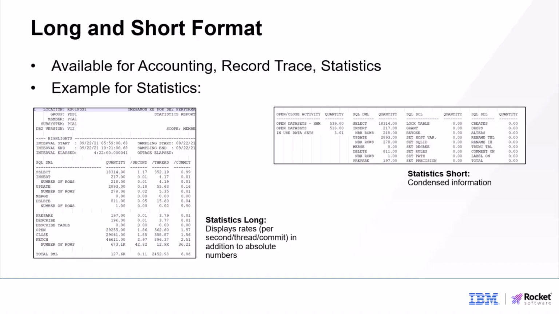So depending on what type of information you need, maybe you want to run a daily short report to give you just a summary of activity. And in the event that you might have encountered some sort of a performance issue, you may want to choose to run the long report. So you can choose that level of detail in your output for your different batch reports.